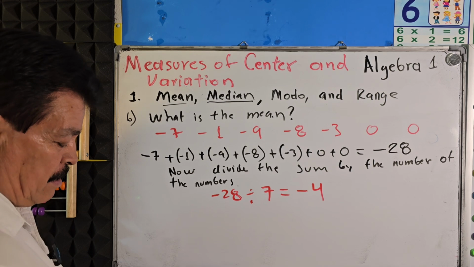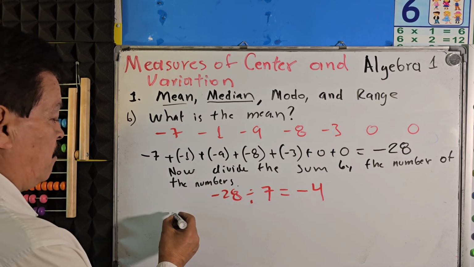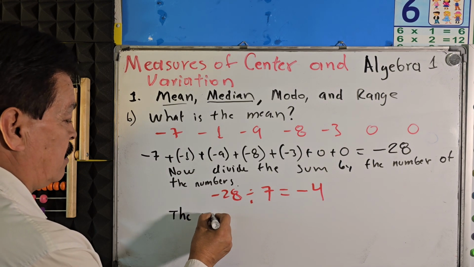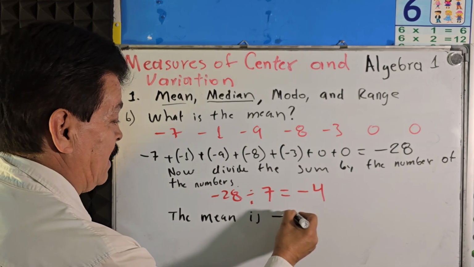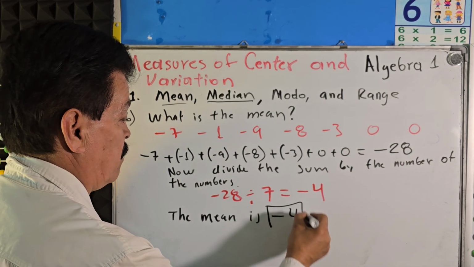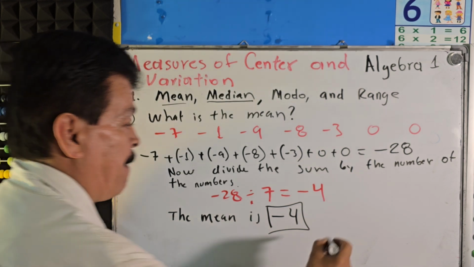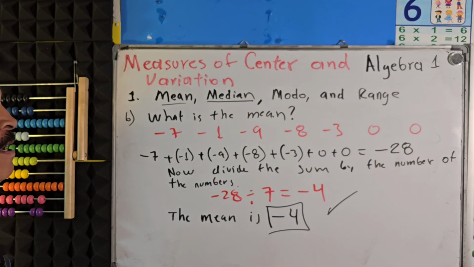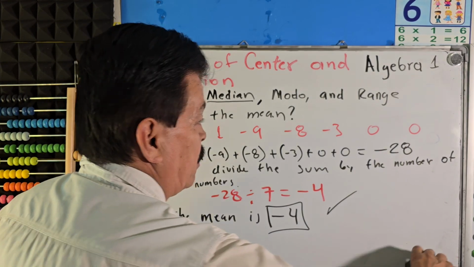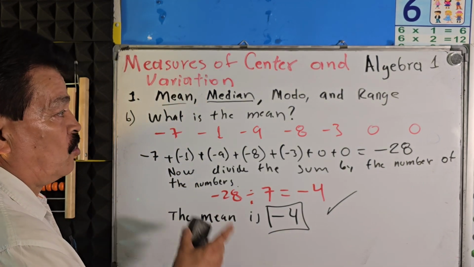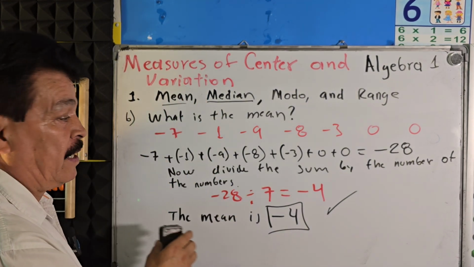So the mean, that's the mean, is negative 4. Okay, this is our answer. See, very simple. It is not hard. You understand it?